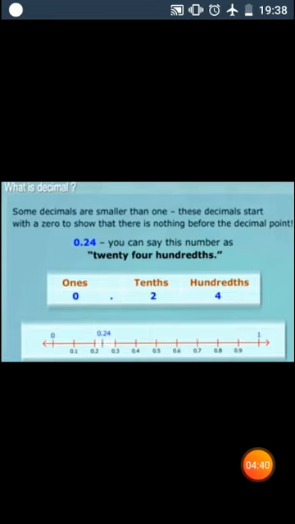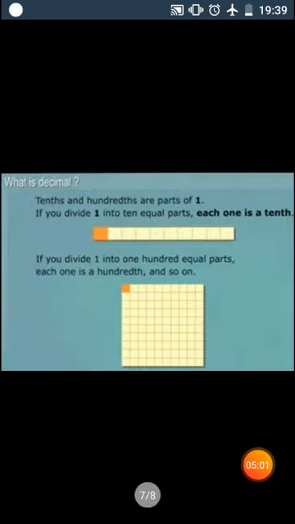Here the ones value is 0. After the decimal the tens value is 2 and the hundreds value is 4. The number 0.24 lies between 0 and 1.